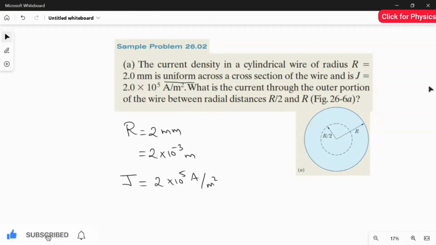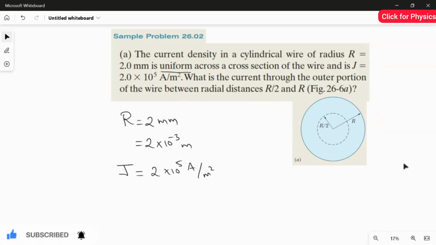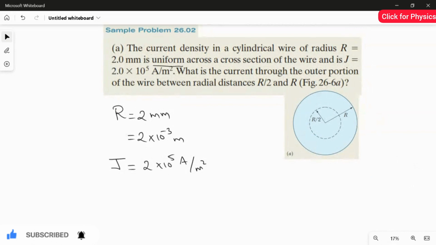Now here the current density is a constant. It's uniform. So we can directly apply the rule J equal to the current over area. So here we are going to find what is the current between this radial distance. So you have to rearrange this equation. If you rearrange this equation, what you'll get?